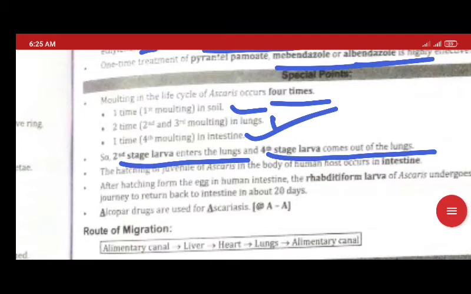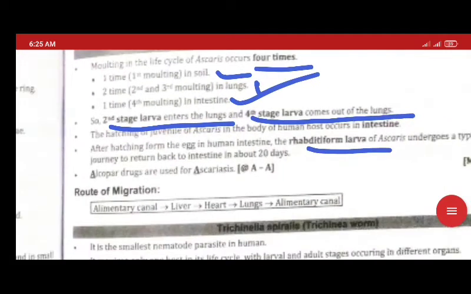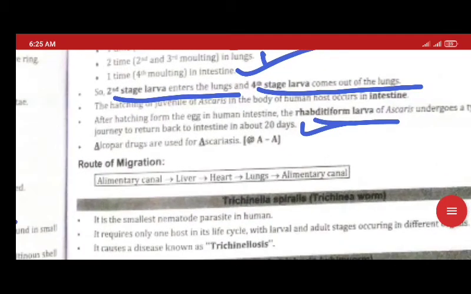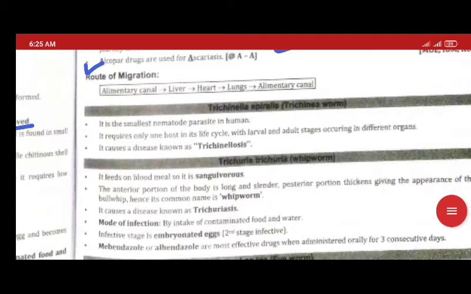For laboratory culture of larva, 20 days are needed. Drug, Alcopar is used. Now another we have Trichinella species or Trichina worm. It is the smallest nematode parasite in human. This requires only one host to complete its life cycle.